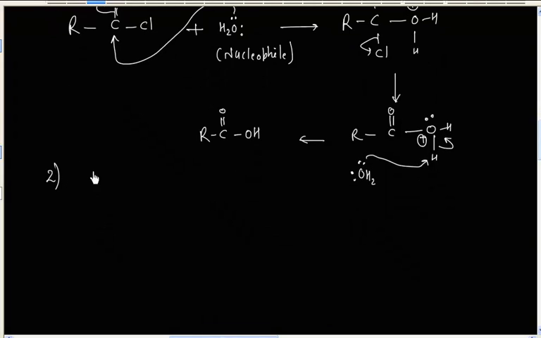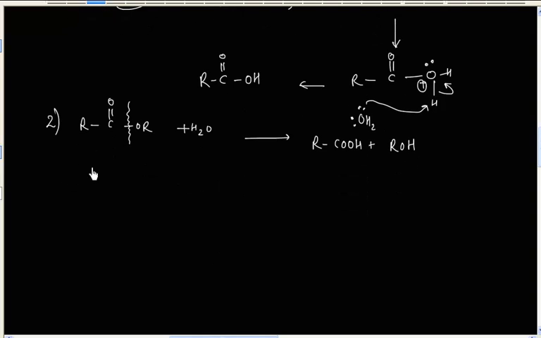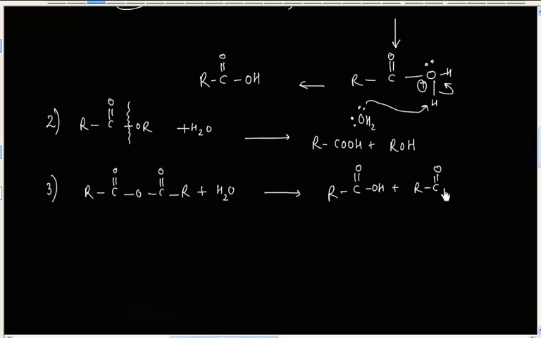Similarly, we can have hydrolysis of ester. It will follow the same mechanism. So we have to break from here and we have to add OH, and this side we will have ROH. So acid plus alcohol. Hydrolysis of anhydride will also follow the same path, that is addition elimination mechanism, and in this case we will have 2 moles of acid.